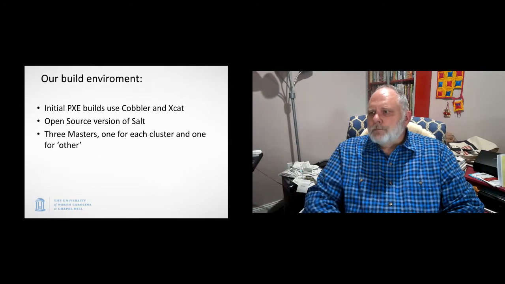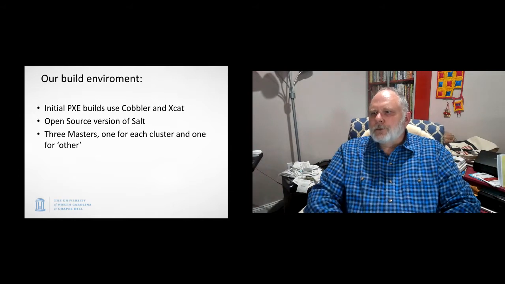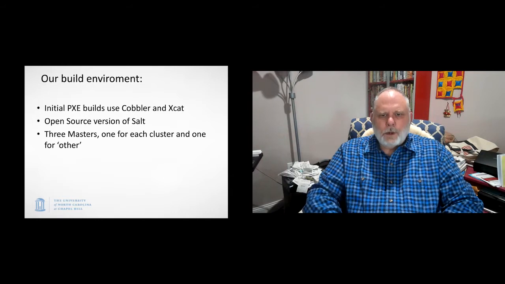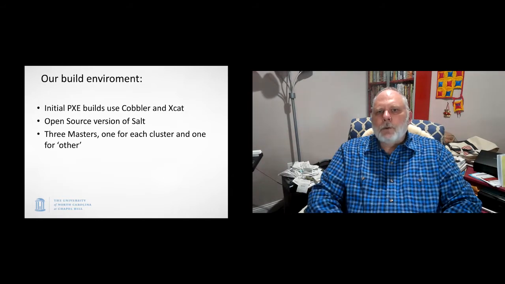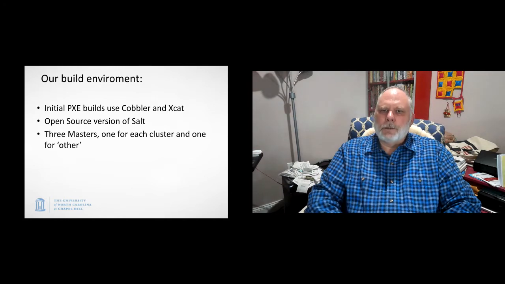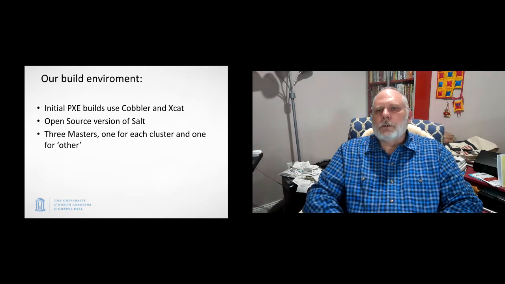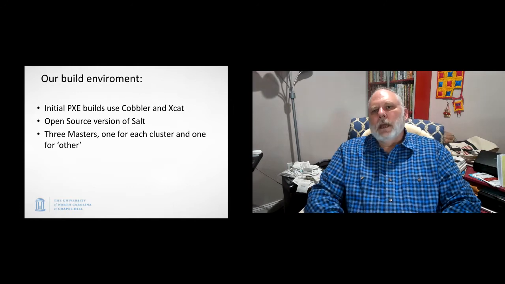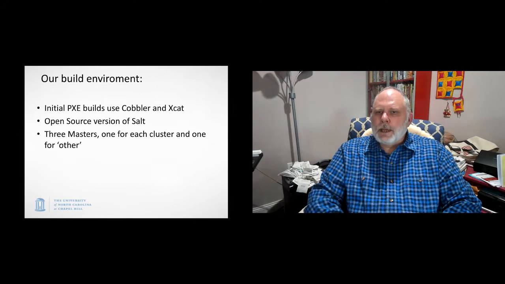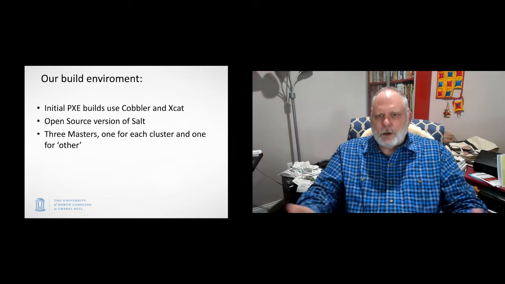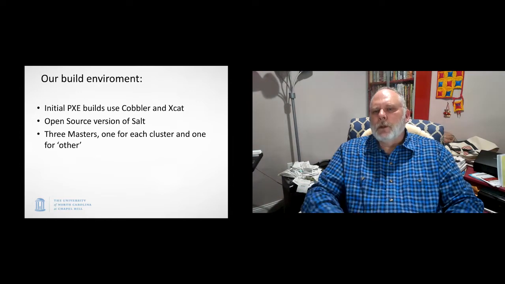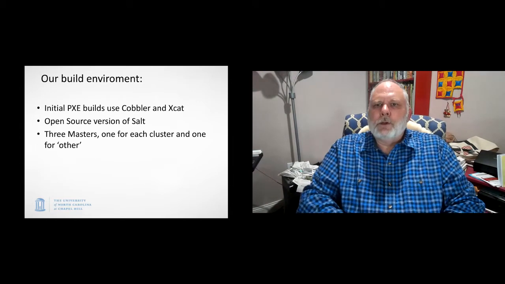So our build environment is, we use PXE to boot our hardware and our VMs. We use Cobbler and xCAT to install the initial image. We primarily use Cobbler. We use xCAT because our Dogwood cluster was the result of an RFP, and Lenovo came in, and part of that RFP was that xCAT was what they provided to do the builds on there.